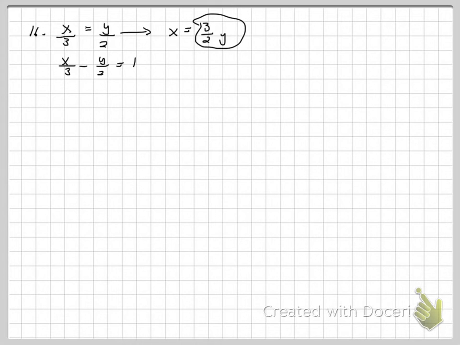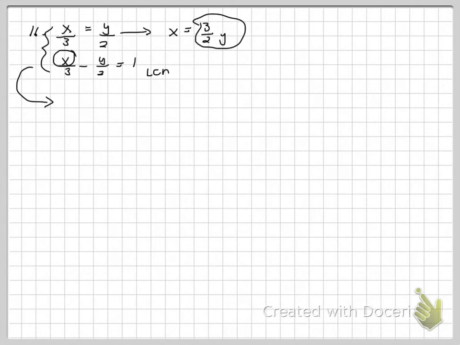I have several choices here of what to do. Well, let me just show you here. Probably the easiest, I'm trying to debate how to teach you. I think the easiest is to get rid of the fraction by multiplying every term by the common denominator.